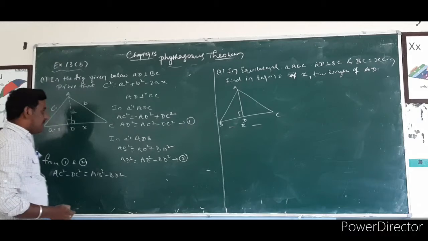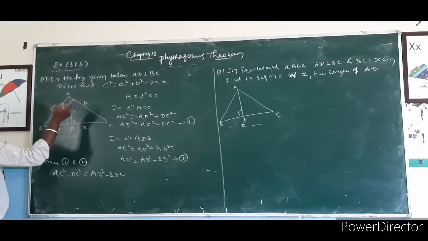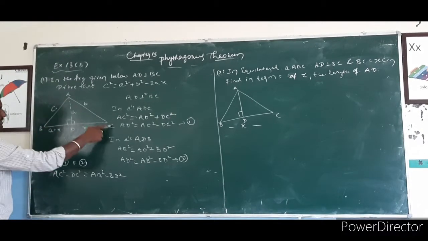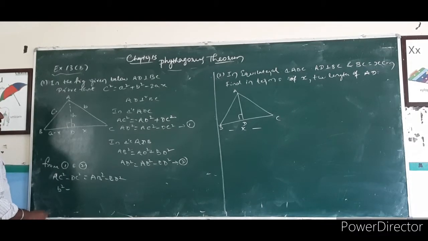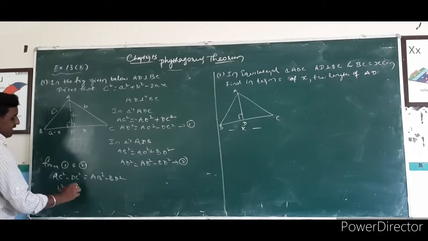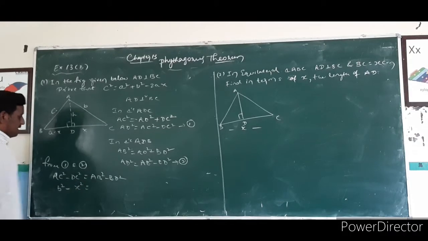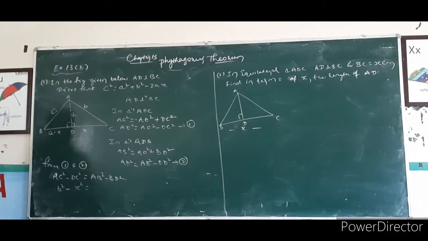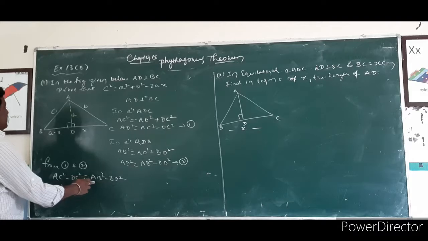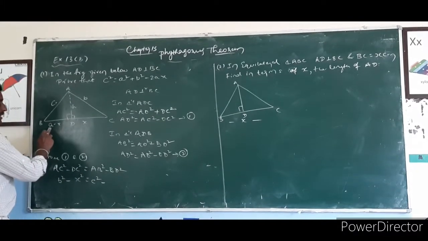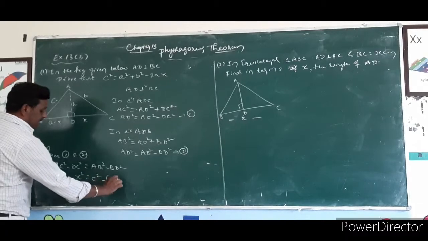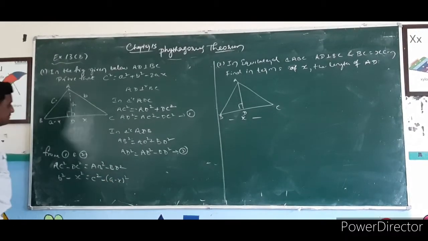RHS are equal. We know that AC value is b, so b square minus DC value, which is x, x square. Here AB value is c, so c square minus BD value, which is a minus x, whole square.